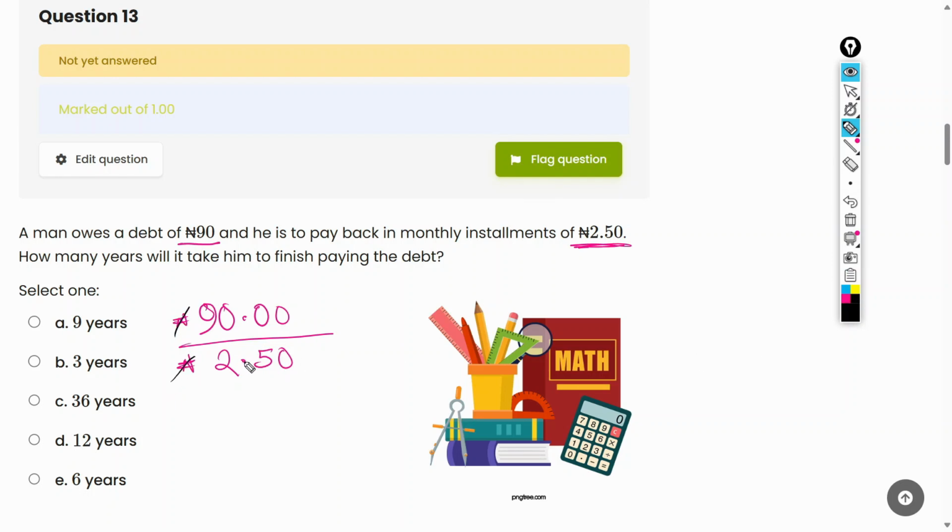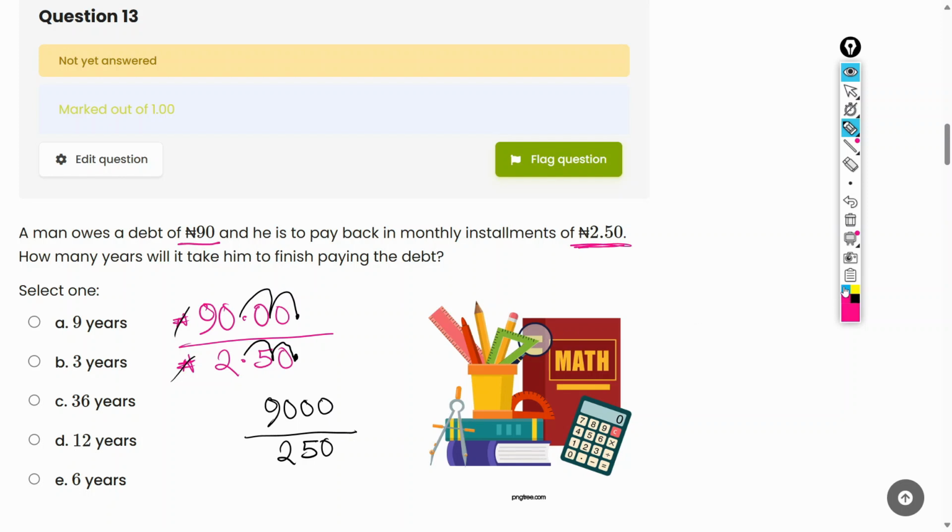Now, because of our decimal points, when we are dividing decimals, we should move our decimal points from the denominator to the end. And then we do the same thing for our numerator. So that leaves us with 9,000 divided by 250.